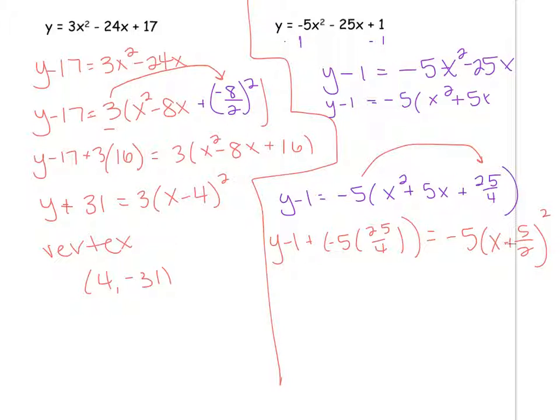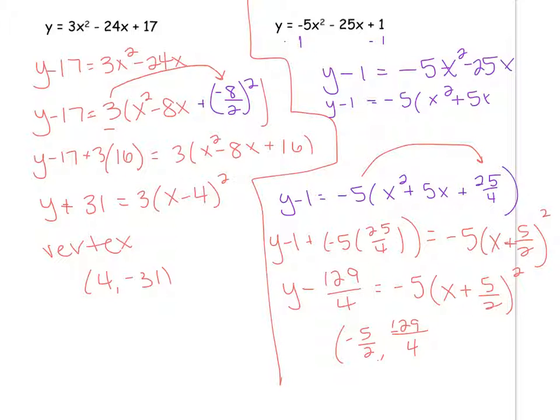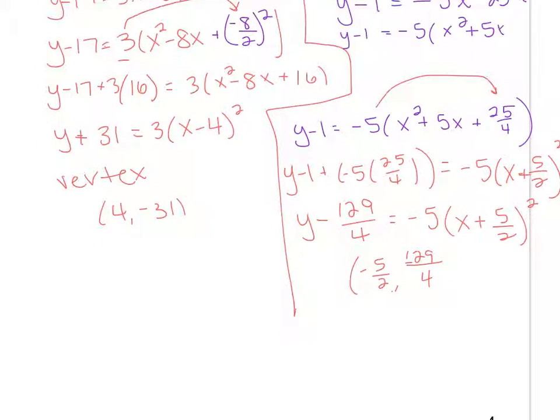Oops, that should be a plus here. So that is negative 125 over 4, so y minus 129 fourths. Check my math, considering it's 12:33 and I'm a little bit sleepy. Hopefully that's right. If it is, then my vertex is negative 5 halves, comma, positive 129 fourths.